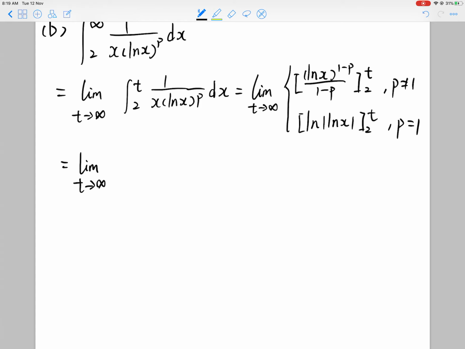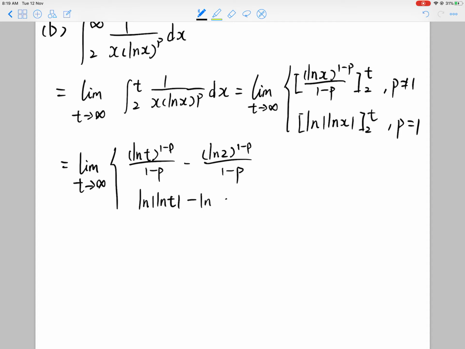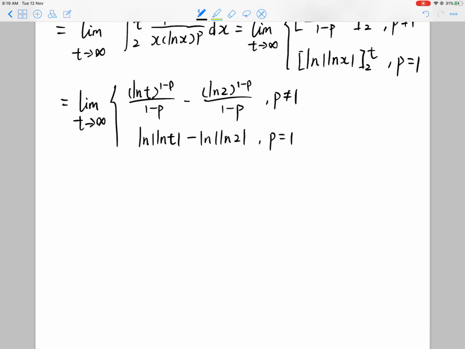Okay, so the first part is ln t to the power of 1 minus p over 1 minus p, minus ln 2 to the power of 1 minus p over 1 minus p. The second part is ln t minus ln 2. So for the first part, again, when t is approaching infinity, ln t is approaching infinity.